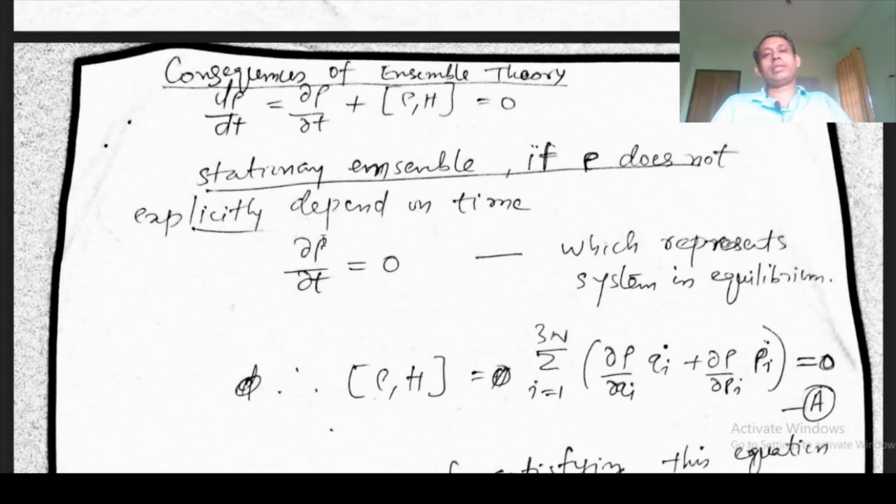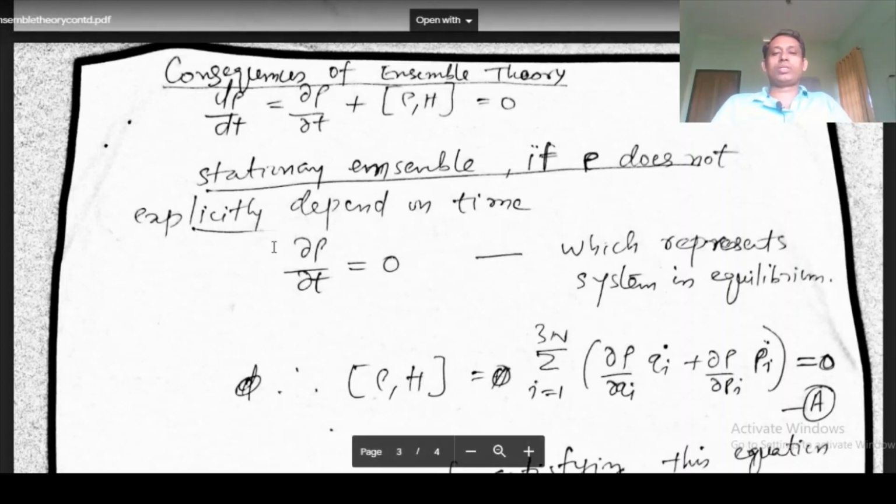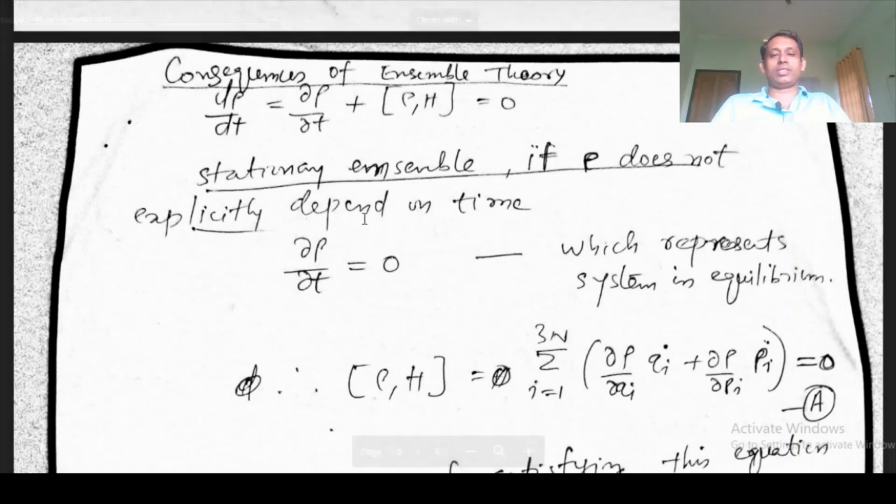Now for a stationary ensemble, or for a system in equilibrium, and we are always studying systems in equilibrium, rho does not explicitly depend on time. Such ensembles are called stationary ensembles.